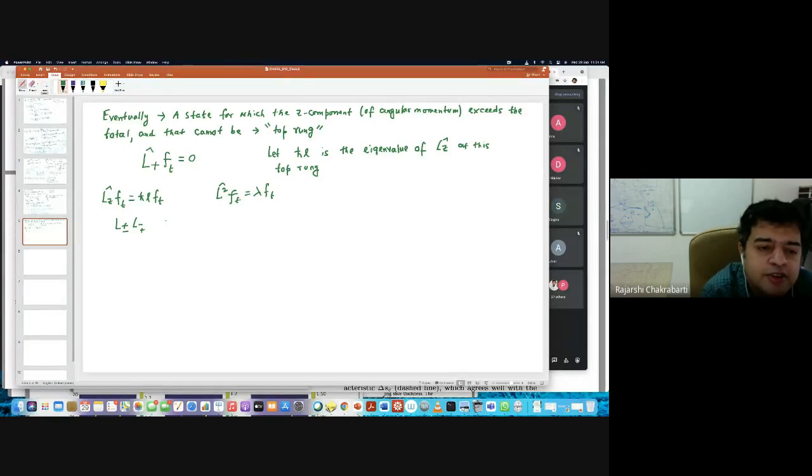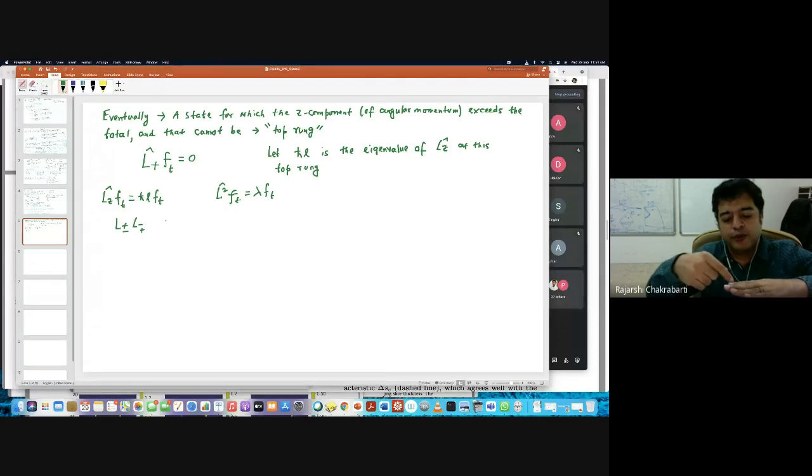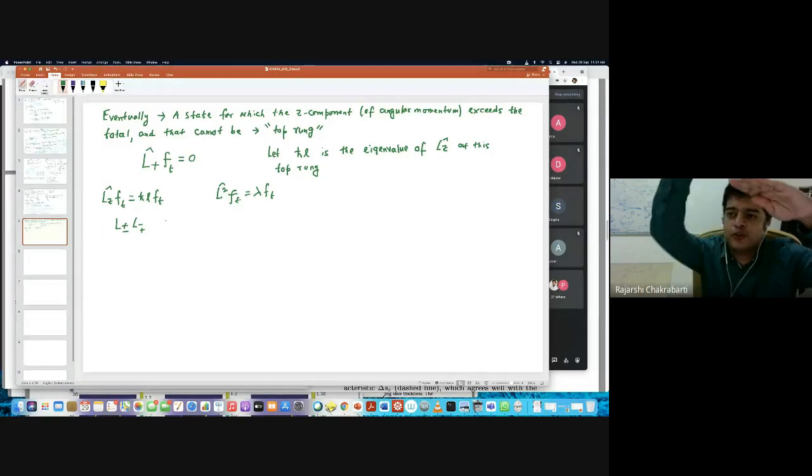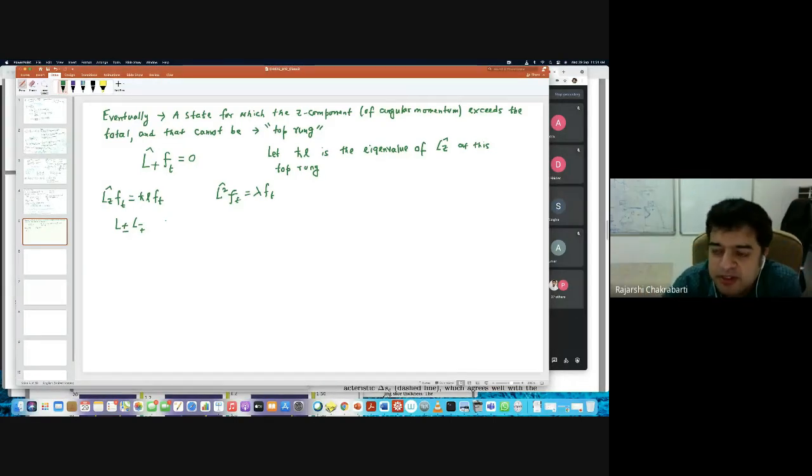So basically it takes you nowhere. Exactly the similar statement we gave for the harmonic oscillator, remember, you go to the zero state. If you want to go further down, you cannot go. So if you operate a minus on the zero state, you get 0. Similarly here, if you operate L plus on this top state, you get 0. There is nowhere to go.